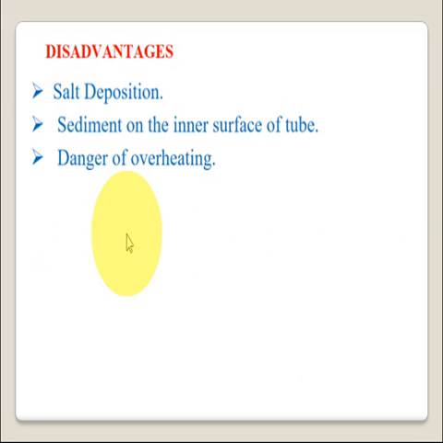So the salt dissolved in the water gets deposited on the surface of the tube and reduces the heat transfer rate, and sediment is formed on the inner surface, and due to that, localized overheating of the tube occurs, which is dangerous for the safe working of the Benson boiler and may damage the tube.